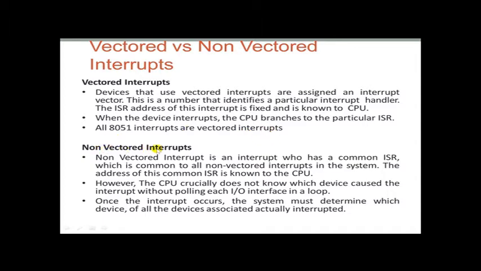Non-vectored interrupts are interrupts that have a common interrupt service routine, common to all non-vectored interrupts in the system. The address of this common ISR is known to the central processing unit. However, the CPU does not know which device caused the interrupt without polling each input-output interface in a group.